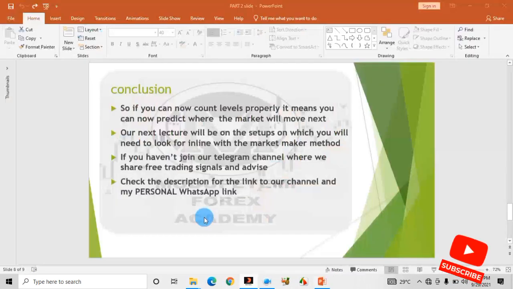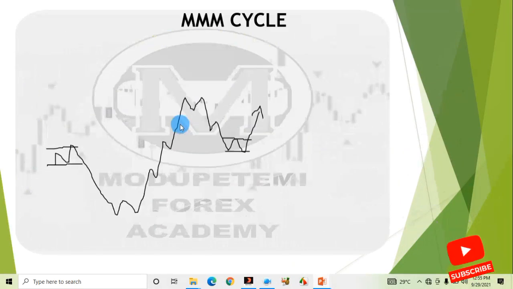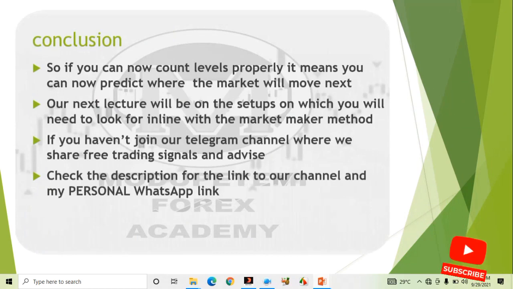Let's continue. So to conclude this, if you cannot count levels properly, it means you cannot predict where the market will move next. Because the moment you start from your daily time frame, you mark the levels there, you know where you are.